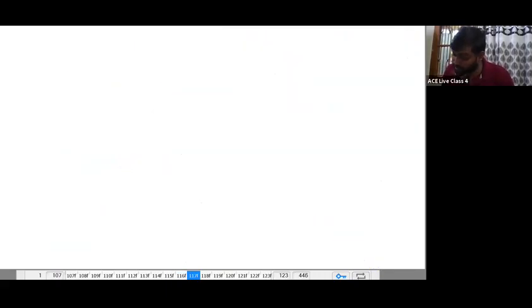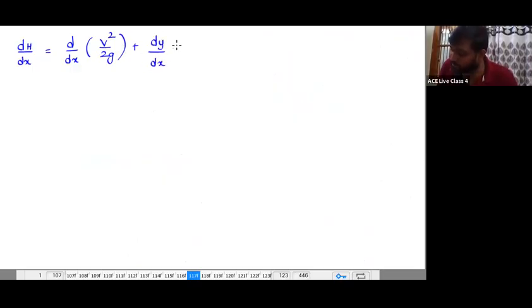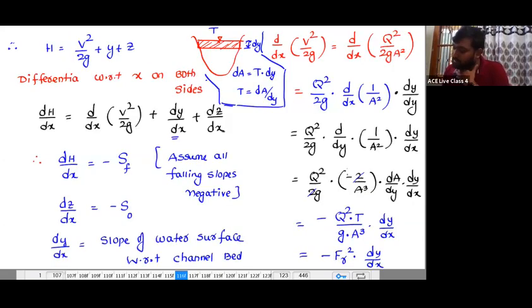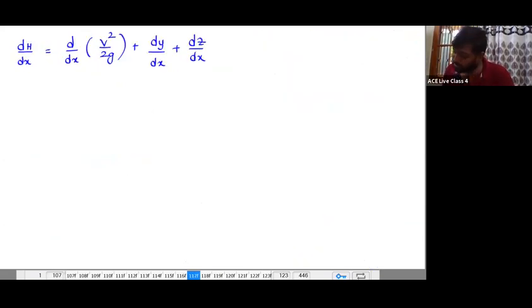So let me write down the differential equation once again. dH by dx is equal to d by dx of V square by 2g plus dy by dx plus dz by dx. Now, what is dH by dx?